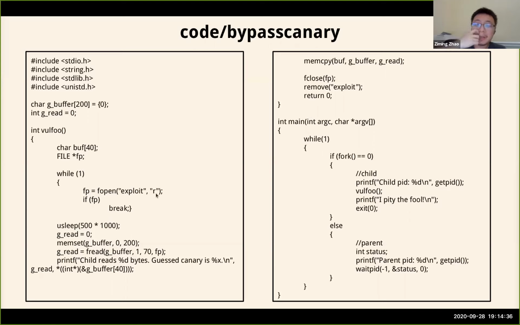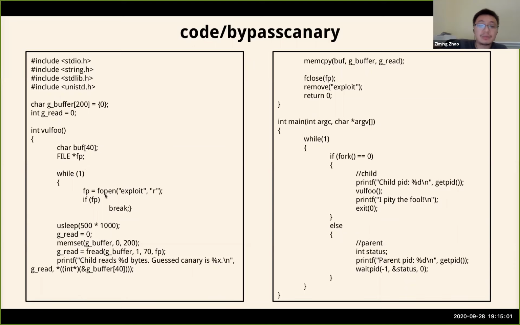Imagine this is like a child process taking data from the file system or from the network. But the data it is taking is not necessarily benign data, it could be malicious data. So if this exploit file doesn't exist, it will just, this is not a big while, sorry.